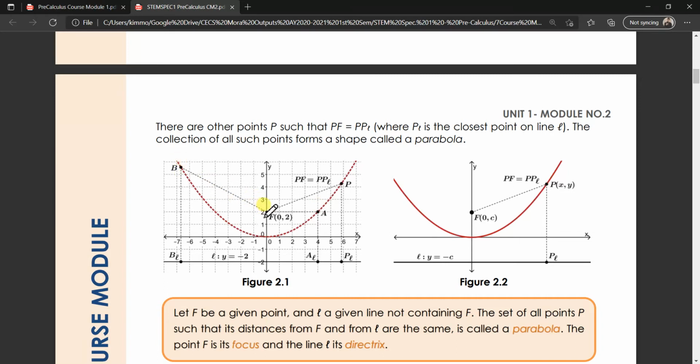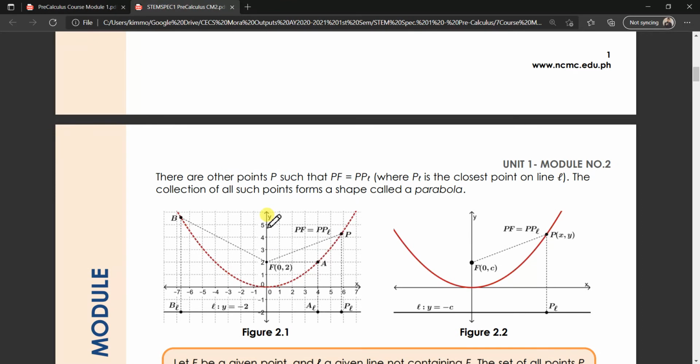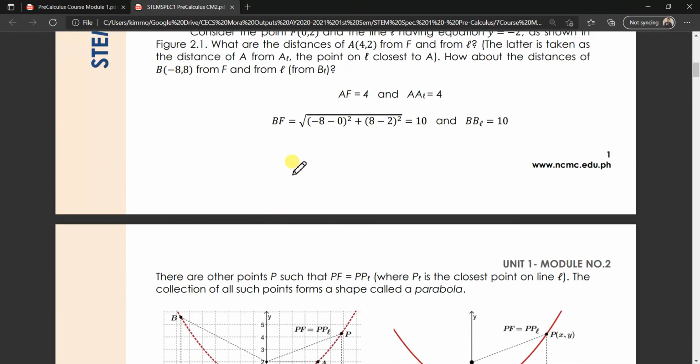This one is not easy to solve because it is no longer on a straight line, so it involves slope. To solve the distance from B to F, remember we are going to use the distance formula: the square root of (x sub 2 minus x sub 1) squared plus (y sub 2 minus y sub 1) squared. So BF, the distance from point B to F, is equal to the square root of... let's assign.